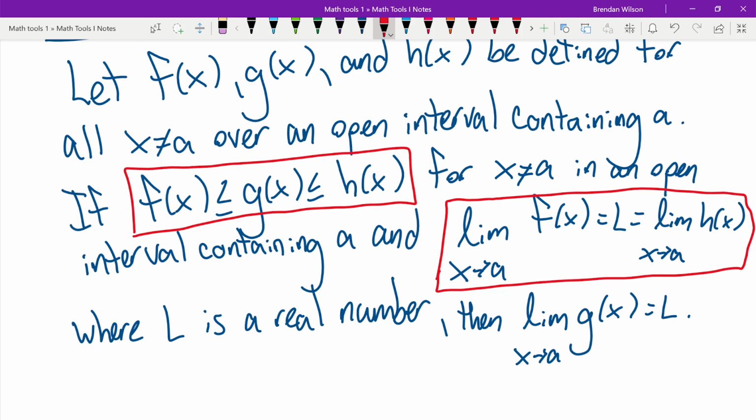You're taking the limit of f of x and h of x, and those are both going to L. So that's squeezing g to be getting closer and closer to L, essentially.